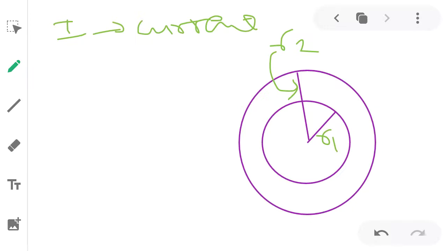To find the magnitude, let's say the point P is at the center of the toroid. Point P is the observation point. Around it we need to draw an Ampere loop, just like a Gaussian surface, as per Ampere's circuital law.